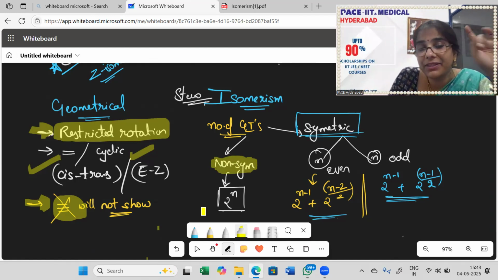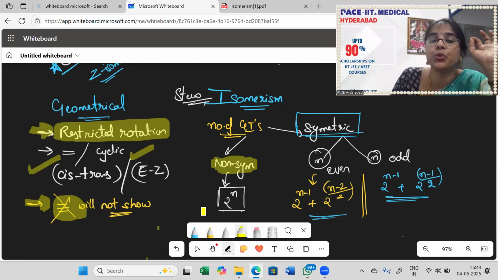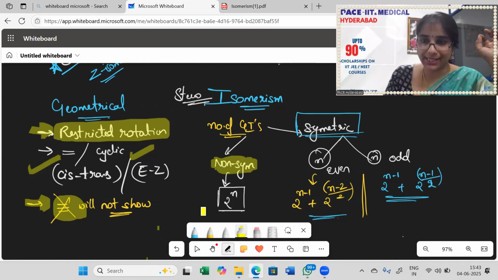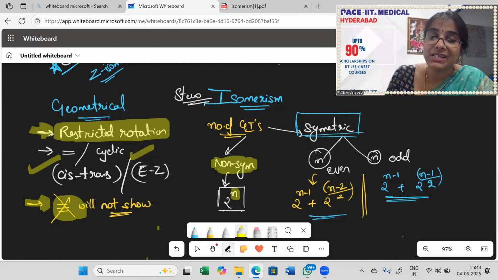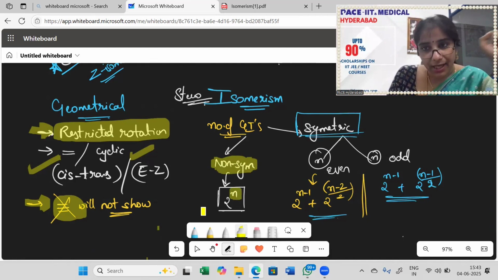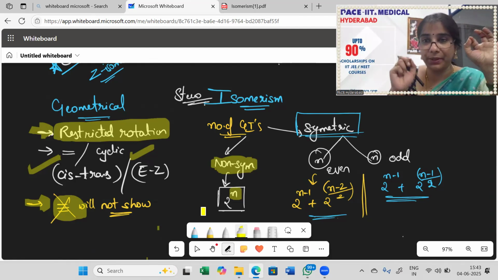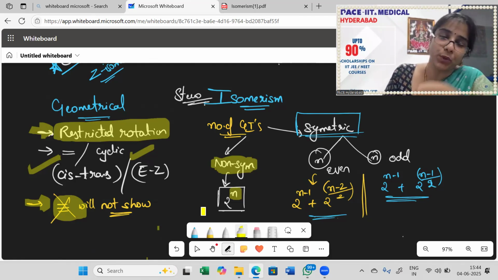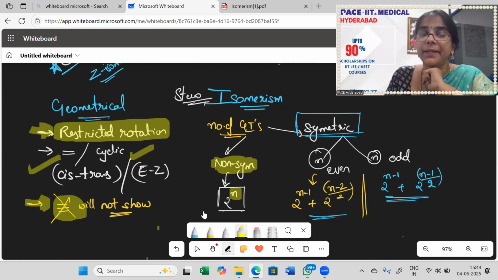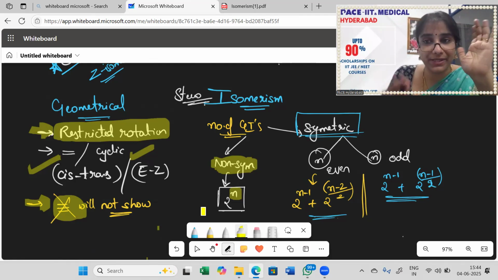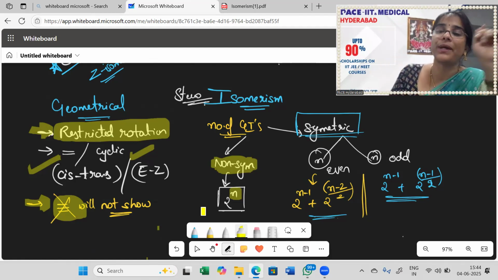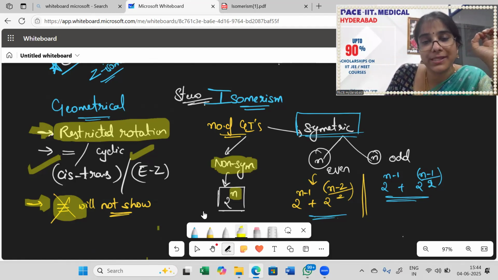So if you have a non-symmetric compound, 2 power n becomes the number of geometrical isomers. n stands for the number of stereo centers, like how many double bonds you have, wherein you have the sites. You need to identify the sites wherever we have geometrical isomerism. We will do more questions so that you will have a better understanding. So if it is non-symmetrical, then it is 2 power n, where n stands for the number of stereo centers.